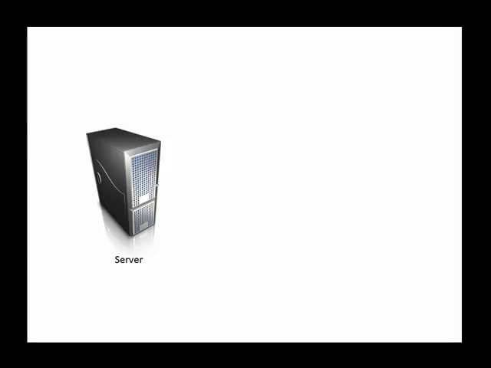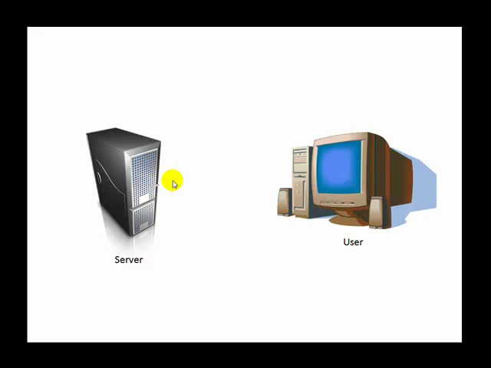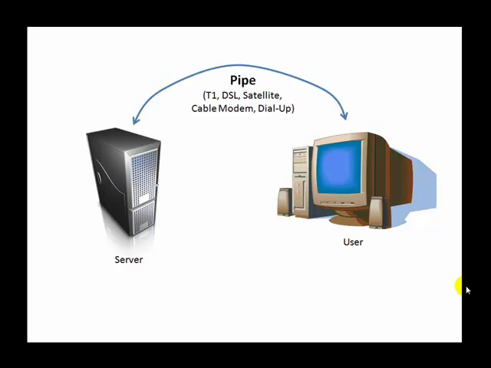So, the first concept that you need to understand is what is a website and how does it work? Your website lives on a thing called a server that exists somewhere. Now, your users have a computer. Pretty basic stuff, right? You already knew this. Every time a user wants to view your website, the information must travel through what's called the pipe.